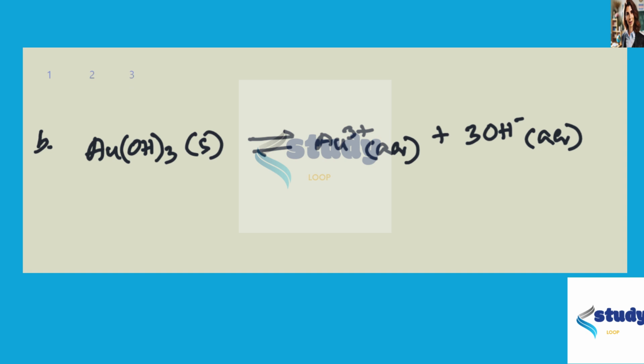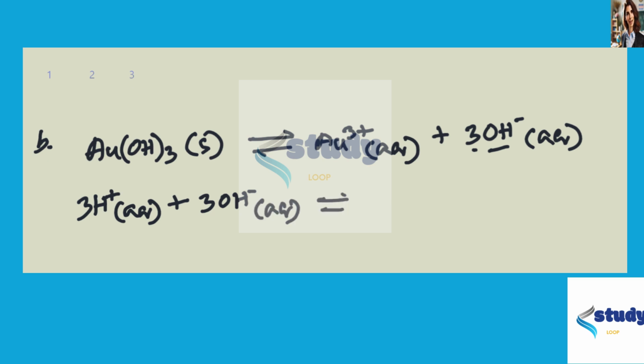and then this OH- will react with the H+ ion from the nitric acid, or HNO3. So H+ ion from the nitric acid will react with this 3OH-. Since it's reacting with 3, we'll have to put 3 hydrogen here, and finally we will get 3 molecules of water.